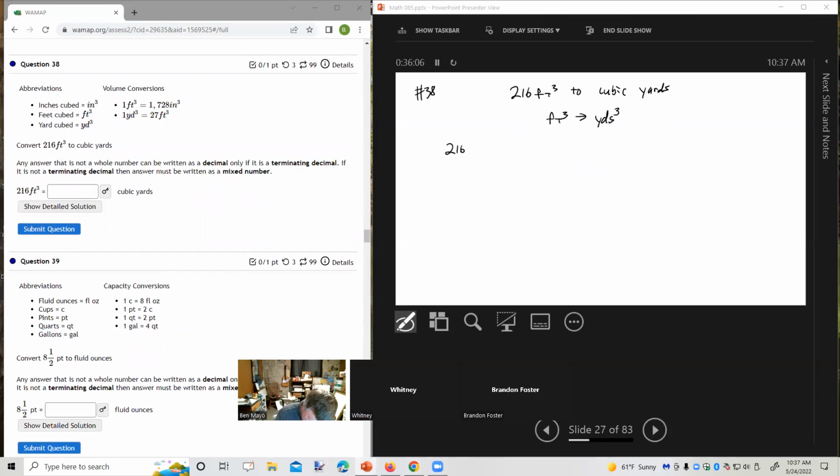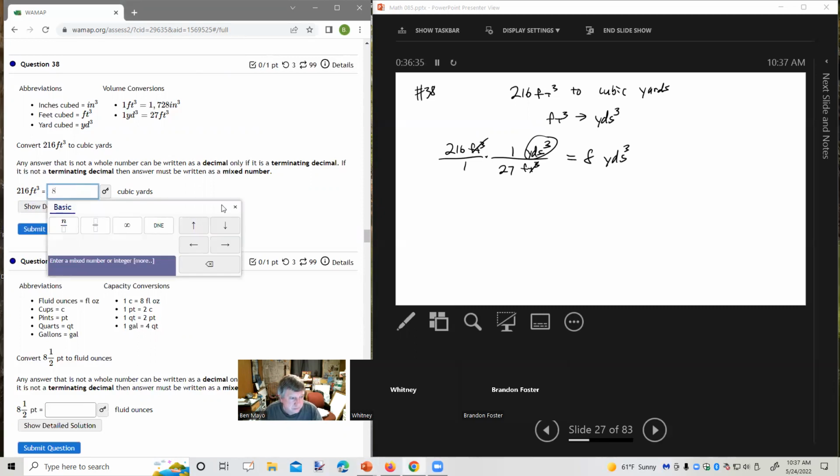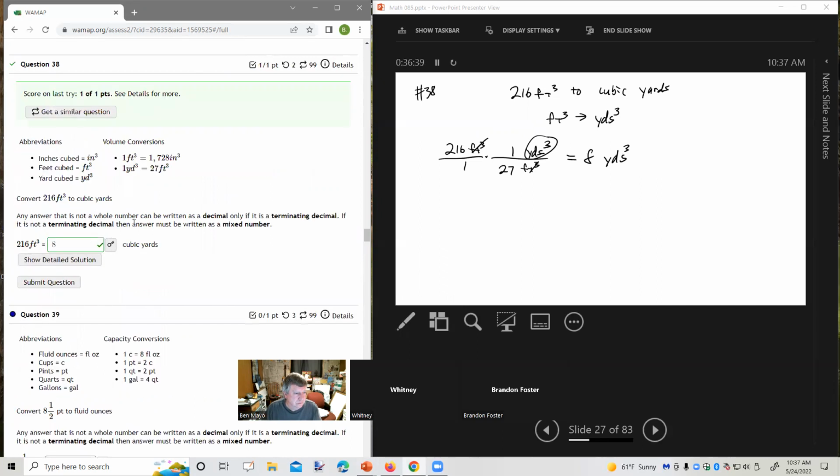So 216 cubic feet to cubic yards. 27 cubic feet is 1 cubic yard. Cubic feet cross out. I have 216 divided by 27, which is 8 cubic yards.